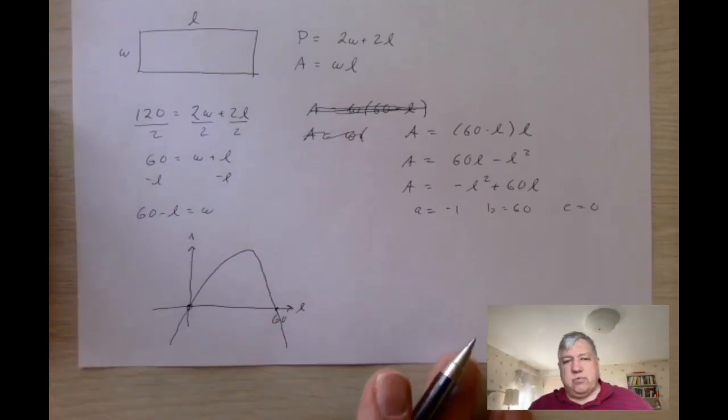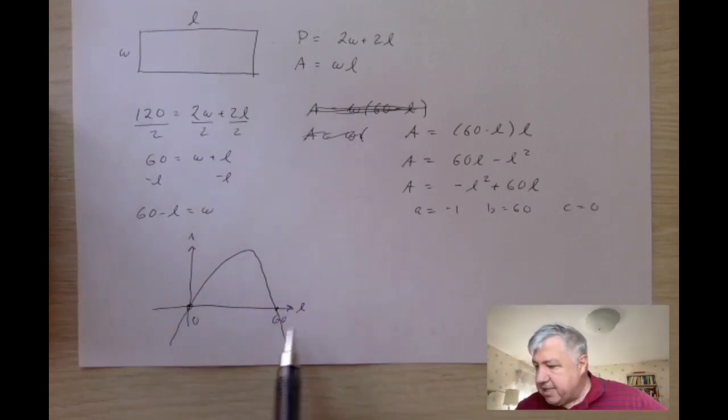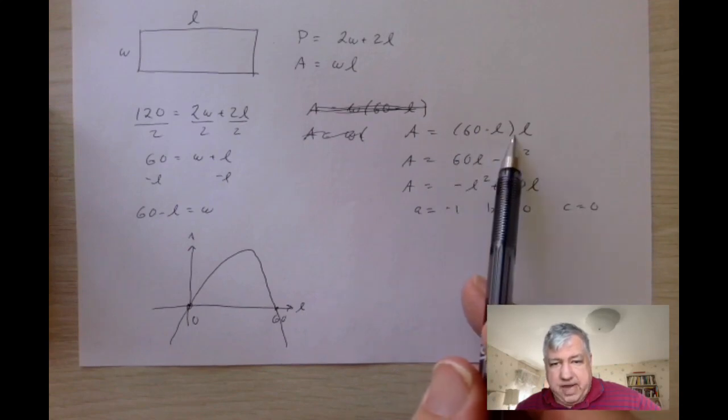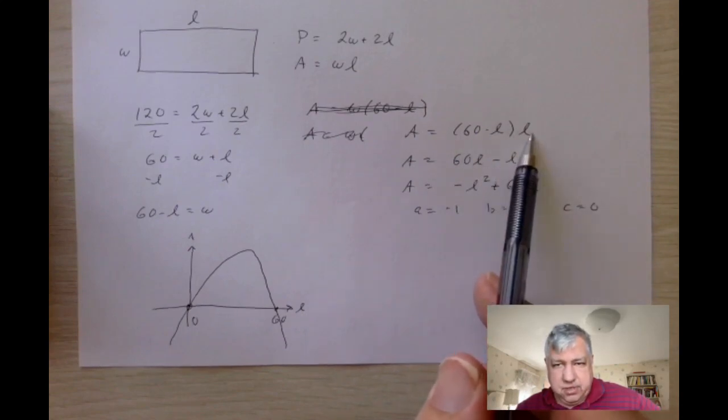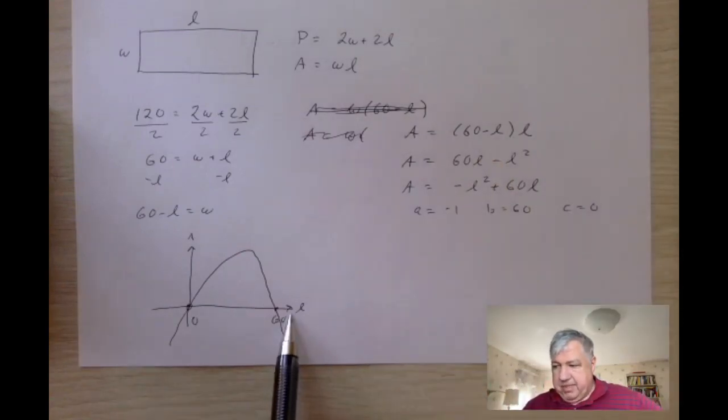So the graph would look like this. Where do we get the 60 from here? Because we can see the area will be 0 when either this factor is 0 or this factor is 0. Okay, so if 60 minus L is 0, then L has to be 60.